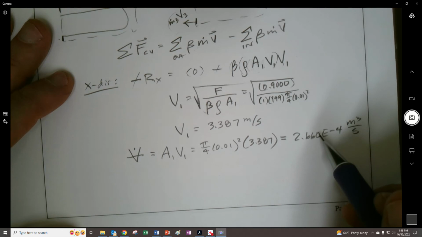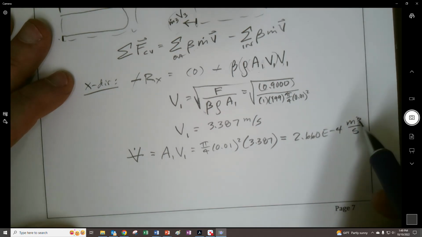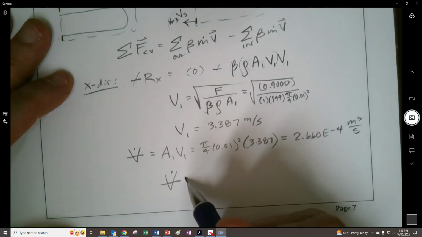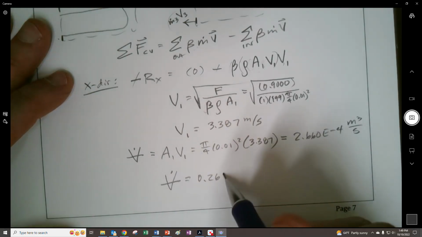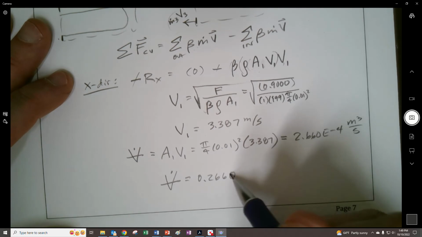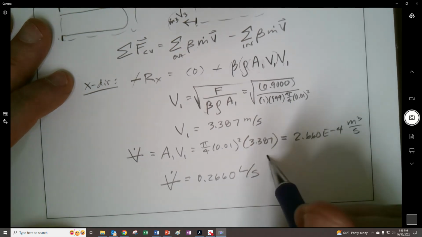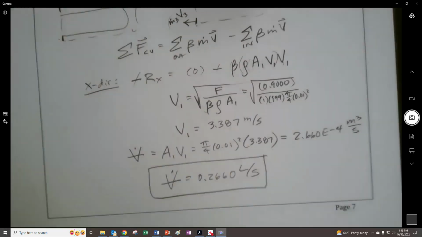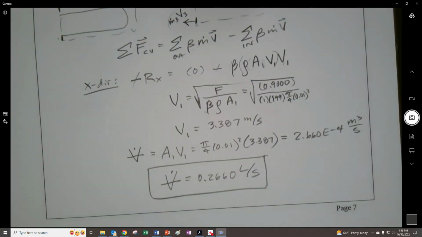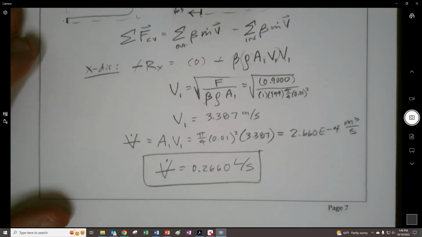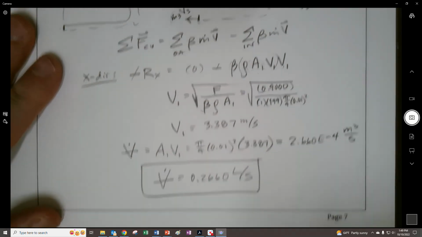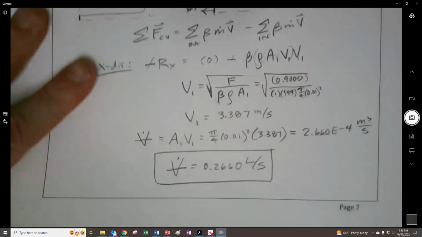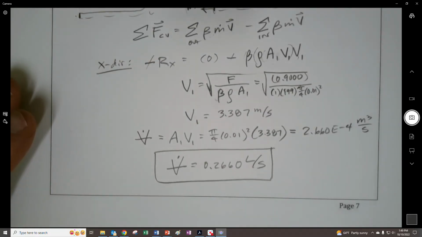We know that there's 1,000 liters in a cubic meter, right? So we can multiply by 1,000 and end up with 0.2660 liters per second as the answer. Liters per minute might have been a better one. We get a larger number there, but we could picture how much this is, to be able to, as they were asking, knock this block over. That's the end of this video.